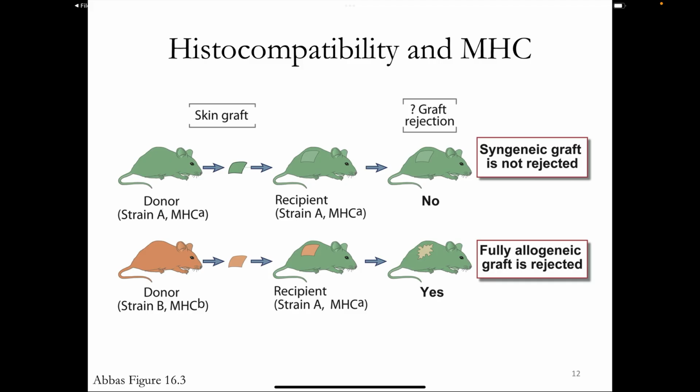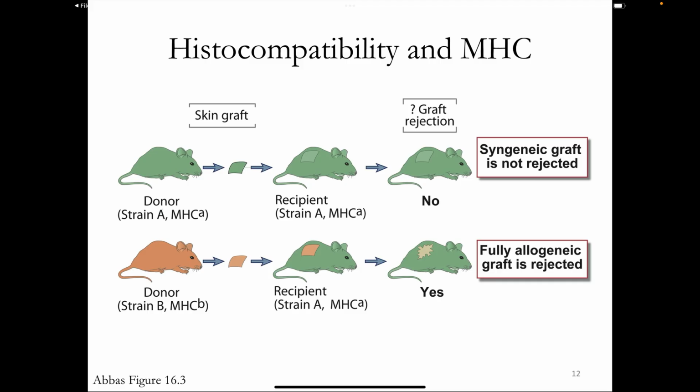Allo means that we're talking about genetically different member of the same species. So we're going from a mouse to another mouse, but they're not genetically identical here.